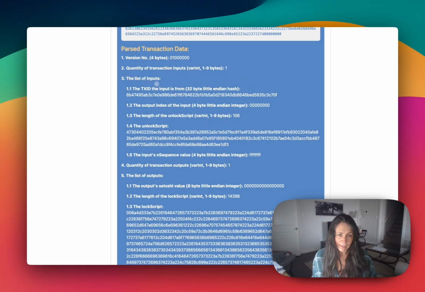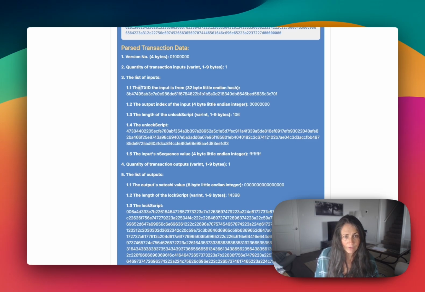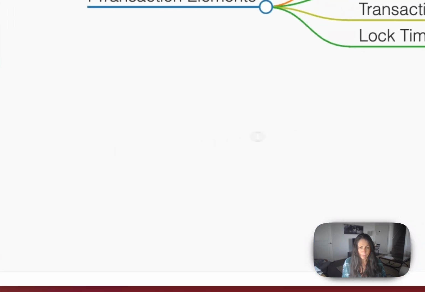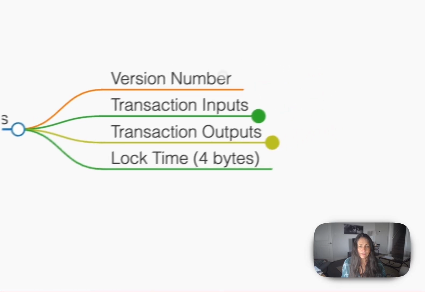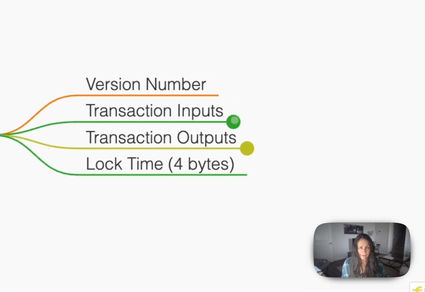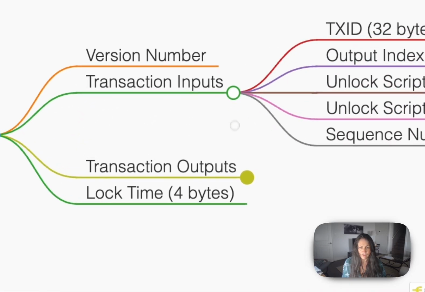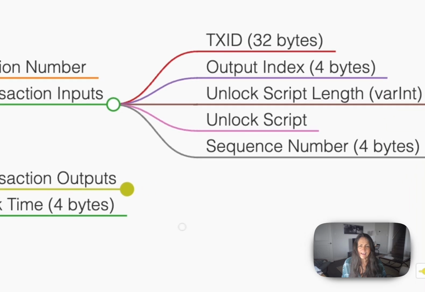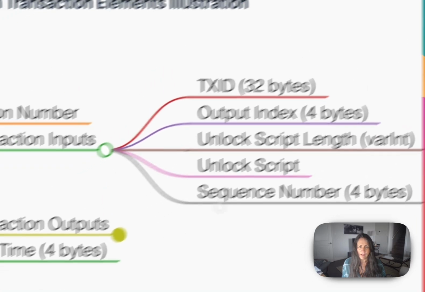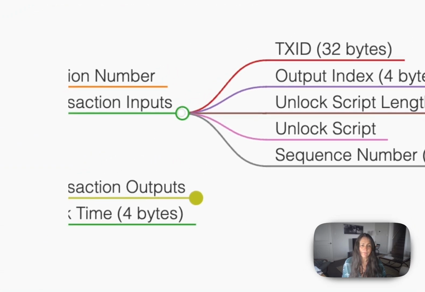So the list of inputs, you can see here, we only have 1 input. You know that because there's not anything past 1. I'm going to pop back to the transaction explorer. On inputs, in the transaction elements illustration, you can see that there are 5 elements for every input.